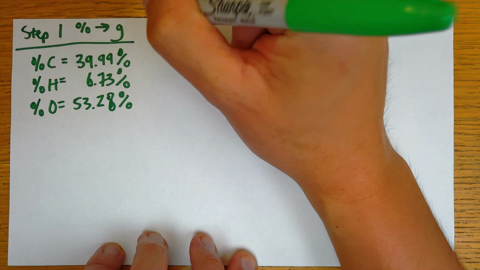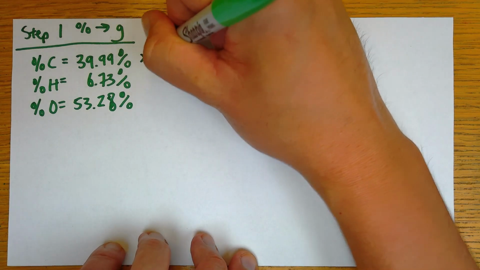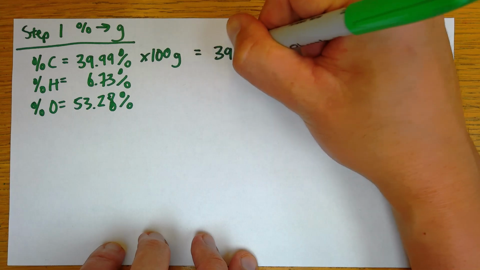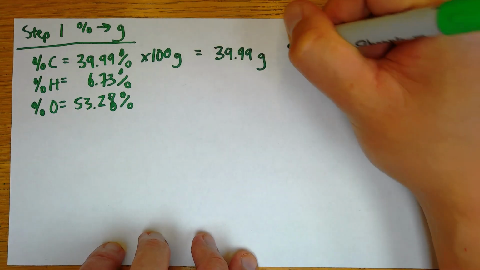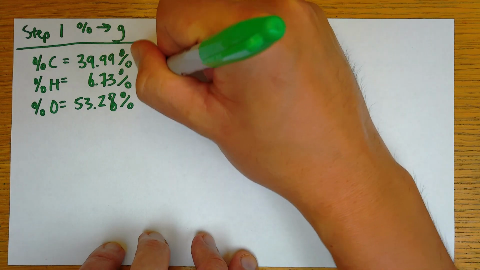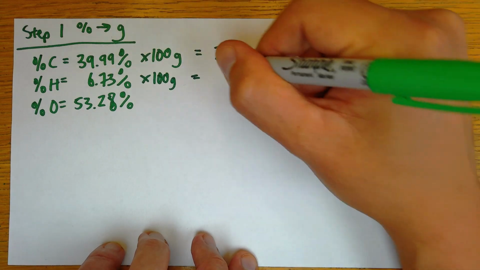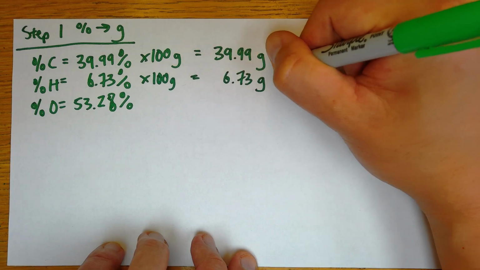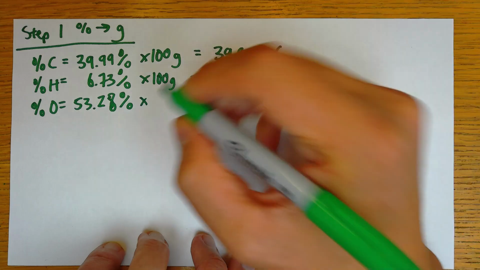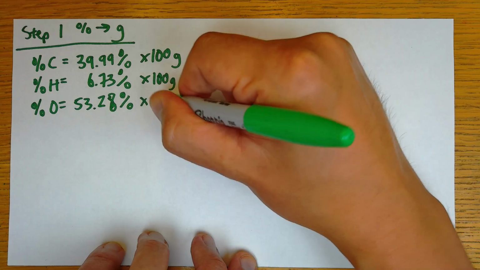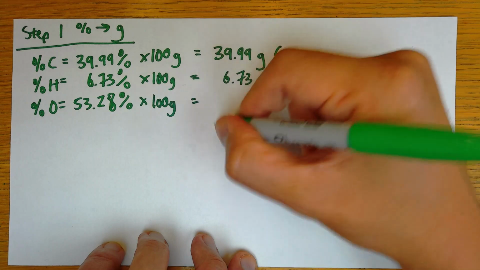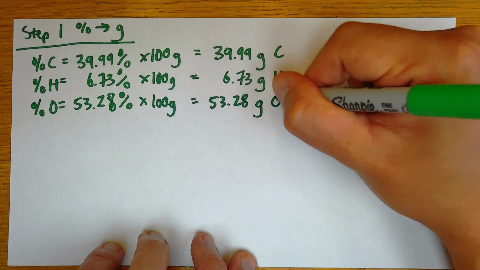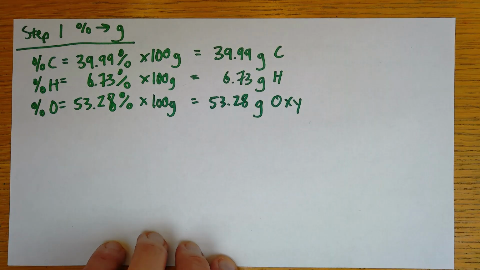So 39.99% of 100 grams is going to be exactly 39.99 grams. So assuming you have 100 grams makes your math way easier. You just change out the percent symbol for a gram symbol. 53.28 grams of oxygen.